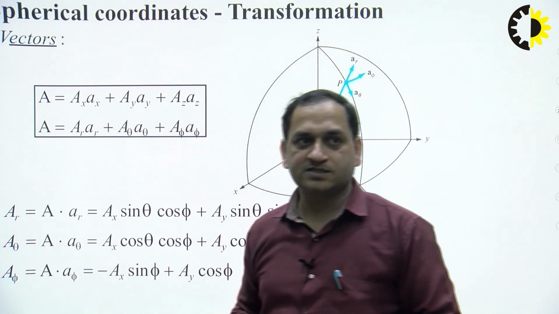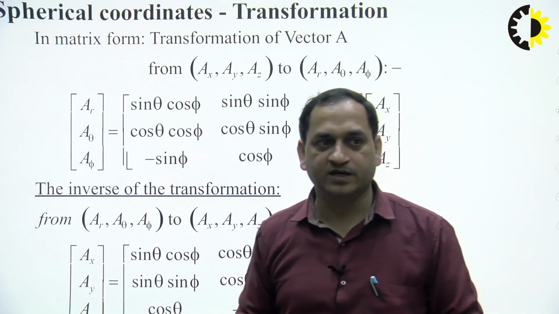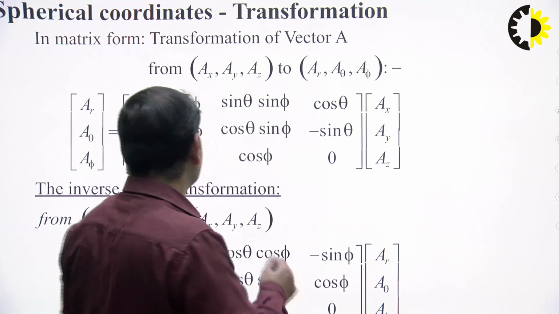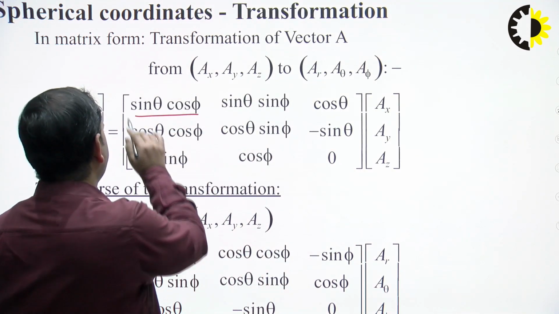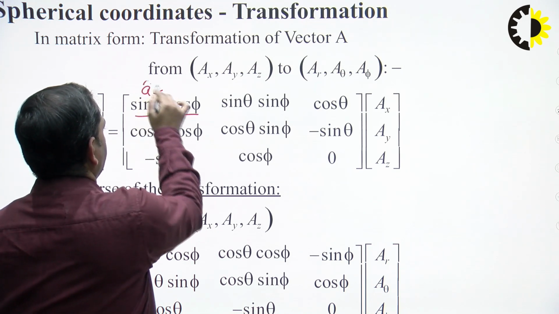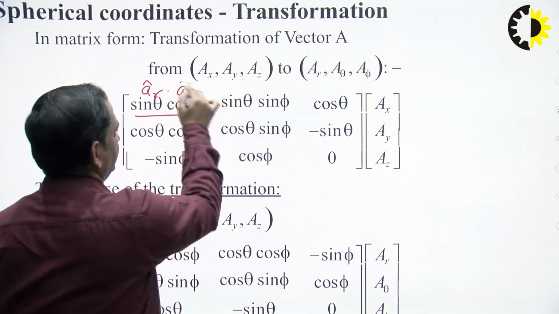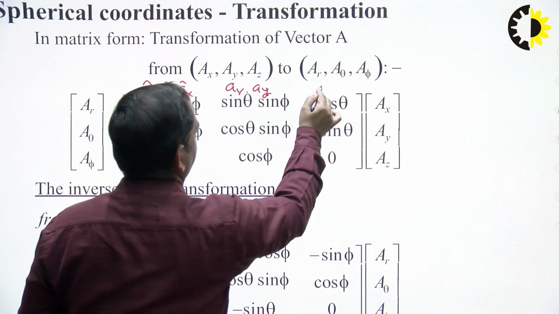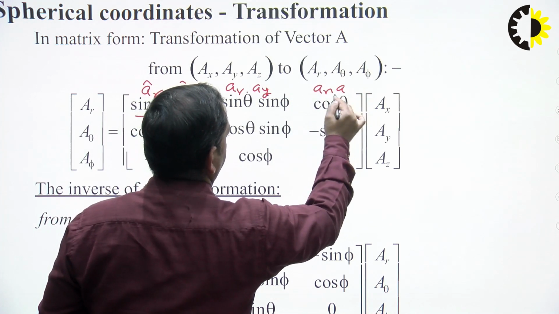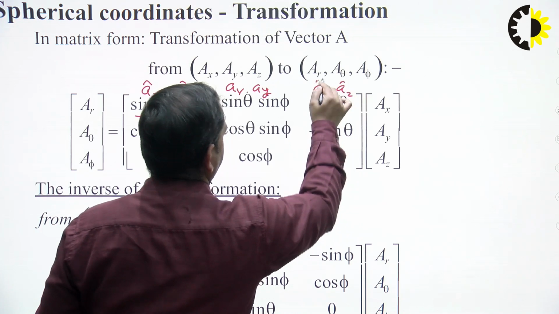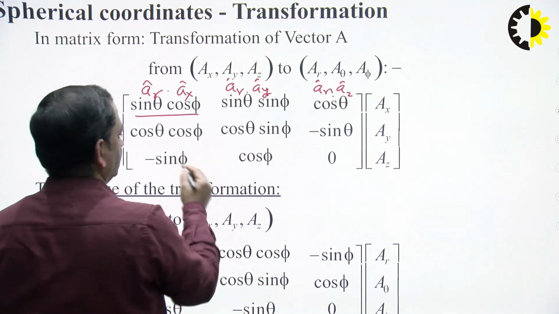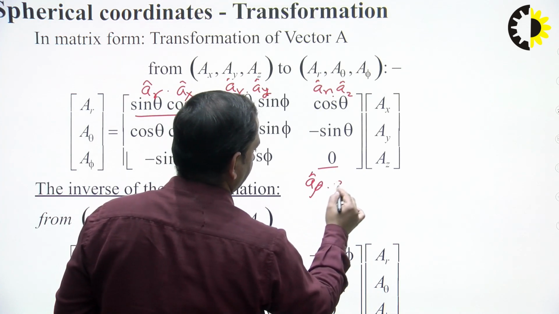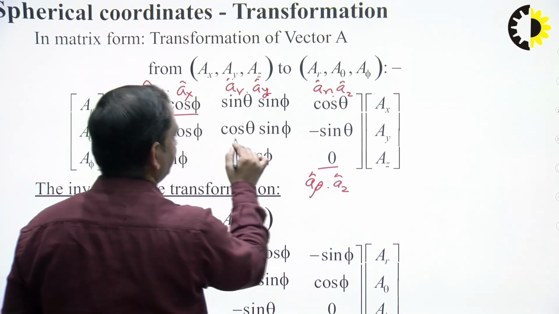Similarly, we can understand the different transformations, how we are getting the matrix. So the same matrix we can find, just use your mind to solve this matrix. So what you need to find? You have to find AR dot AX. Similarly, AR dot AY, AR dot AZ. These are the unit vectors. Okay, so what is this one? This one will be A phi dot AZ. Similarly, you can write for all.